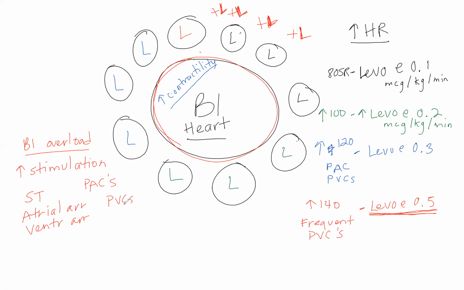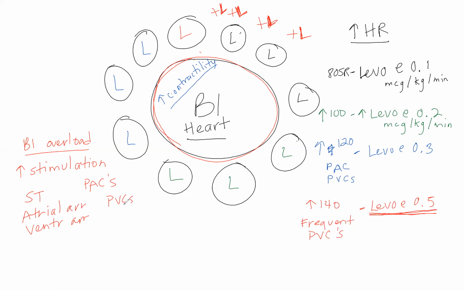A lot of times we're going to see those changes in the electrical activity of the heart. So if your patient is already in AFib with a rapid ventricular rate, chances are we probably don't want to continue to irritate the heart.